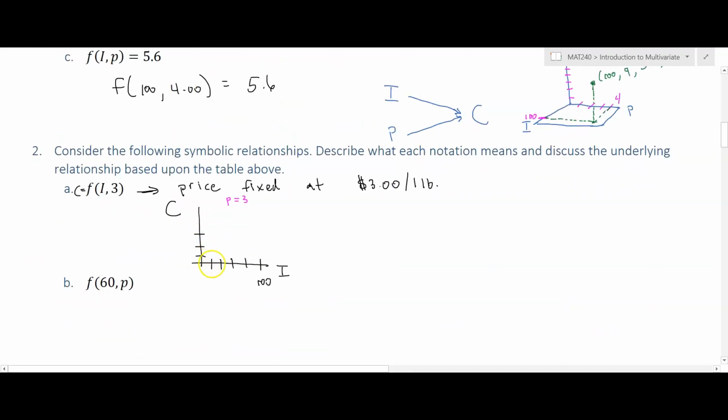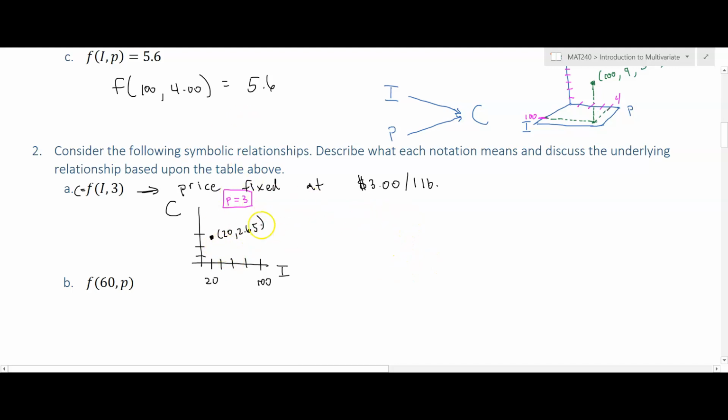So 20,000 would be here, 2.65 would be somewhere here. And so that would correspond to the amount of consumption being 2.65 pounds per week for a family earning $20,000 when the price of beef is fixed at $3 per pound.